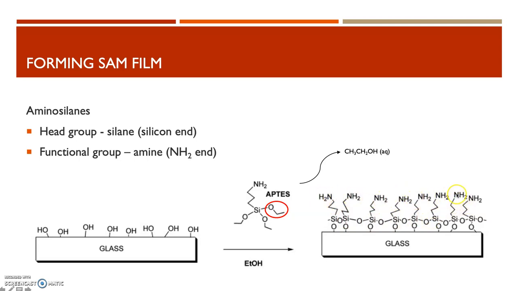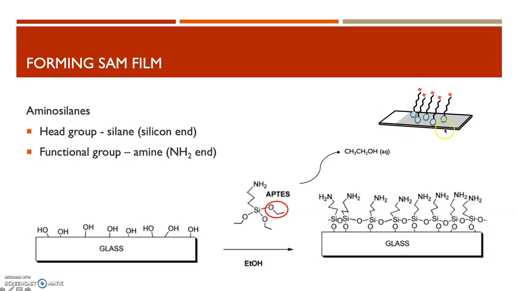Now, there will be intermolecular forces in between each one of these amine groups, in between each one of these linker chains, and so hopefully we get a nice ordered structure here. It's kind of like a crystalline thin film on top of our glass. But we've essentially replaced a hydroxylated surface with an amino surface.